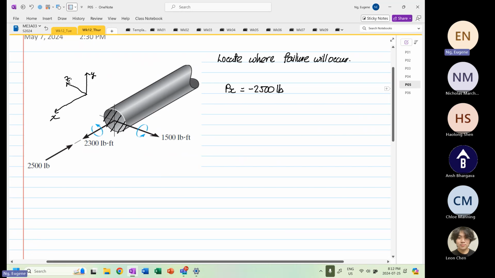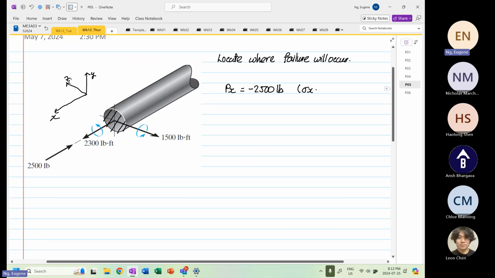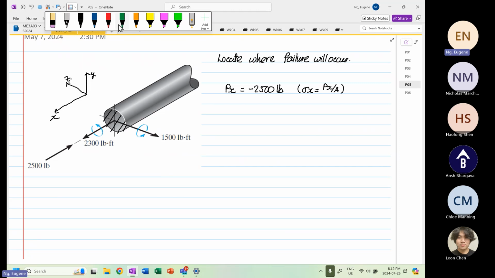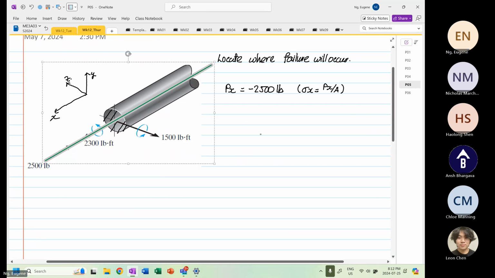And this Px we can use to determine the stress in x, which is equal to Px over A. Because if we were to draw, like what I taught you before, our neutral axis where the element will be placed. This is the neutral axis. This is the axis of interest.